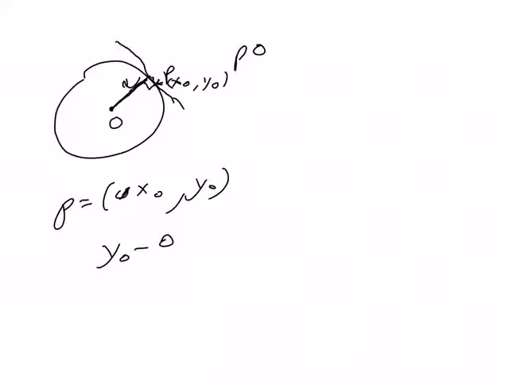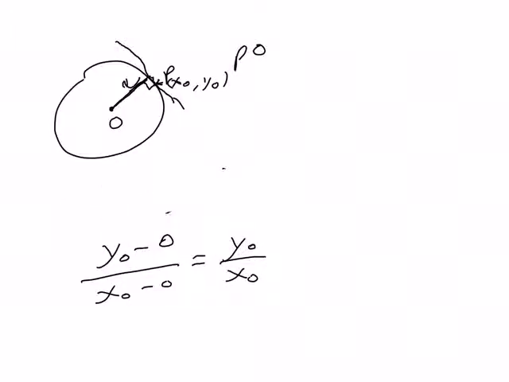So how do we show this? Let's put O at 0, 0, and take P equal to x0 comma y0. So the slope is going to be y0 minus 0 over x0 minus 0, in other words, y0 over x0.